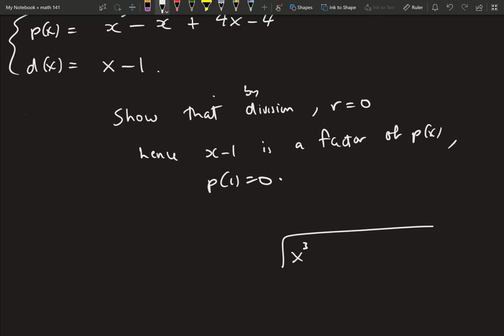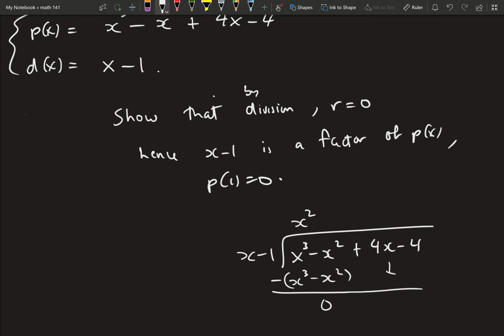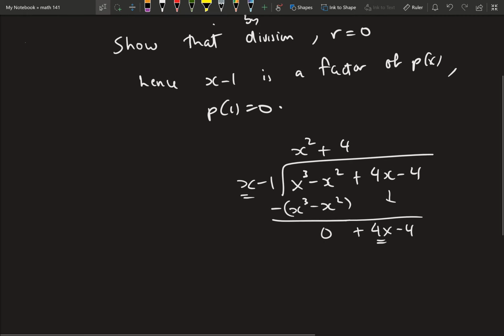x cubed minus x squared plus 4x minus 4, divided by x minus 1. Well, dividing lead terms, we get x squared here, so x cubed minus x squared gives us 0. So we drop down the last two terms, 4x minus 4, and we get plus 4 when dividing this lead term by this lead term.